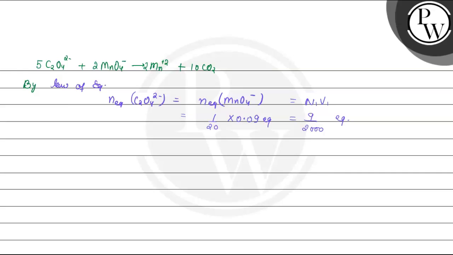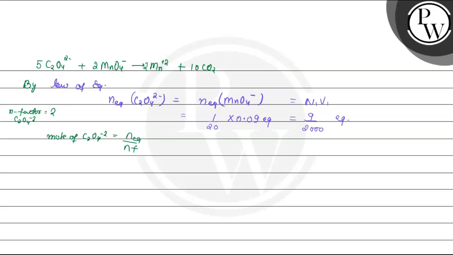Now if we talk about the n factor of C2O4 2-, the n factor is actually 2. So the moles of C2O4 2- is equal to the equivalents of C2O4 2- upon the n factor.